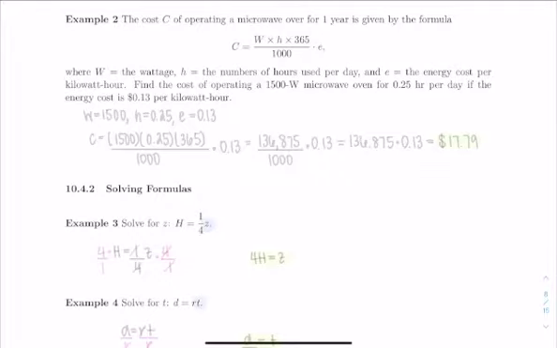So the 1500 is going to be our W. The 0.25 is going to be our H. And the 0.13 is going to be E. And so plugging this in, we have 1500 times 0.25 times 365, all on the top.